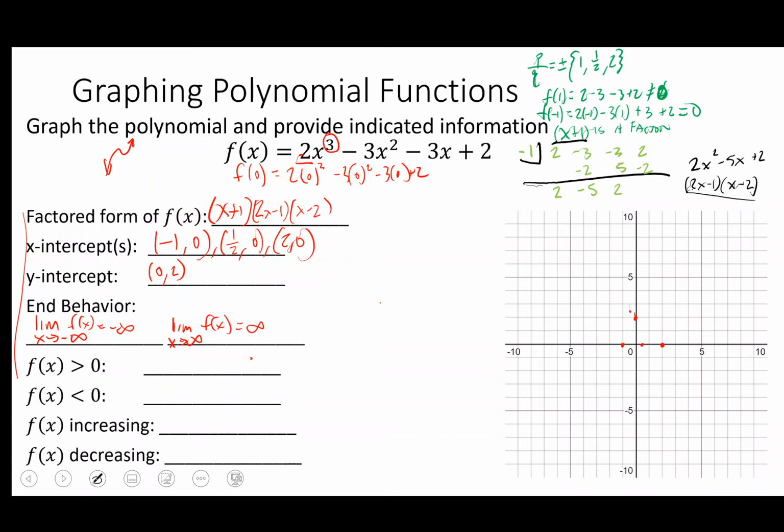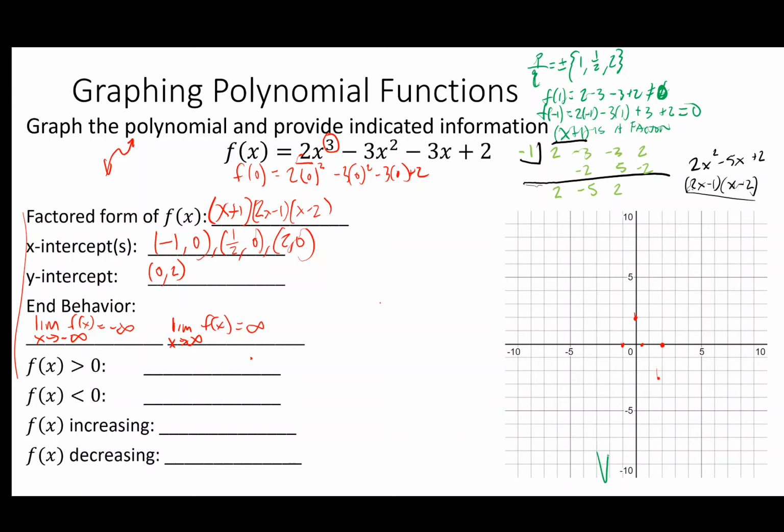Now that I have those points, I can draw this graph in. It would go down from the bottom left, then go up and hit that point that somehow got erased, come back down, hit that point, and then go back up. So that's what the graph of this function would look like.